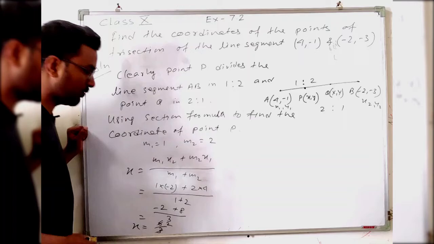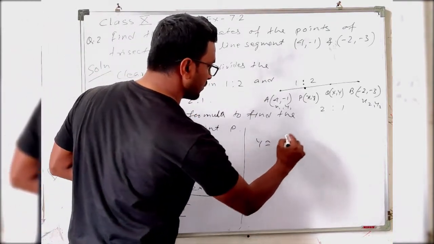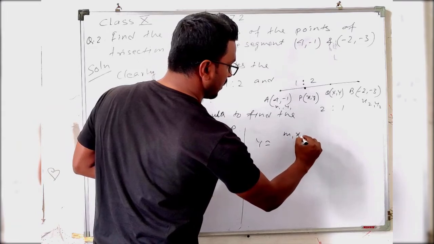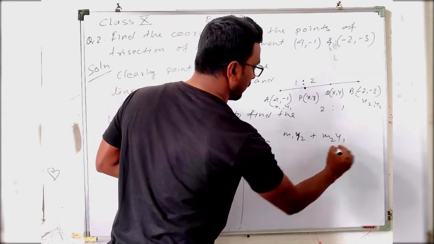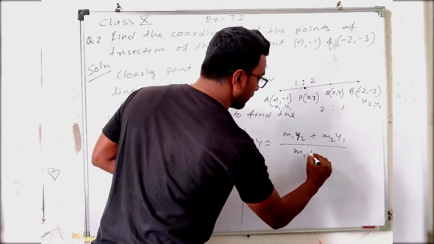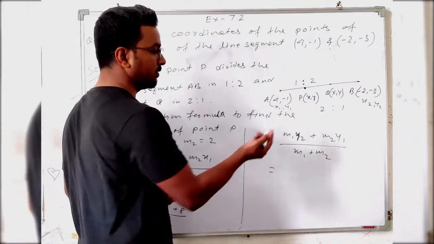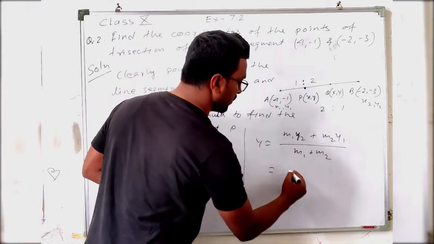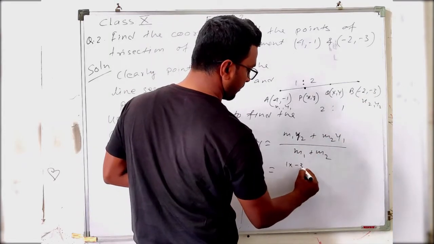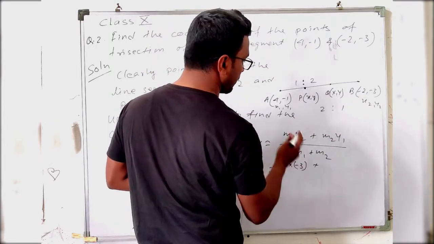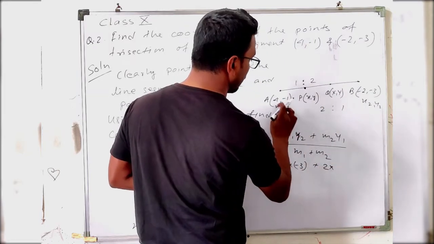So x equals 2, and to find the value of y, we can use y equals m1 y2 plus m2 y1 over m1 plus m2. You just replace the values. m1 is 1 into y2 is minus 3 plus m2 is 2 and y1 is minus 1.